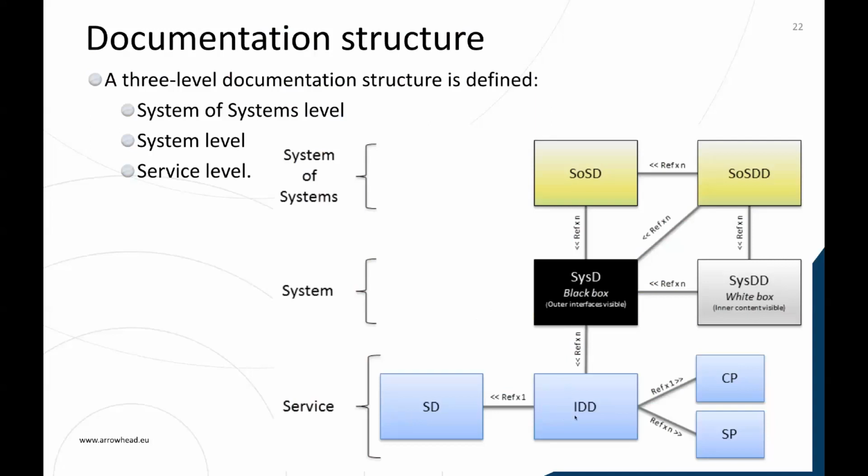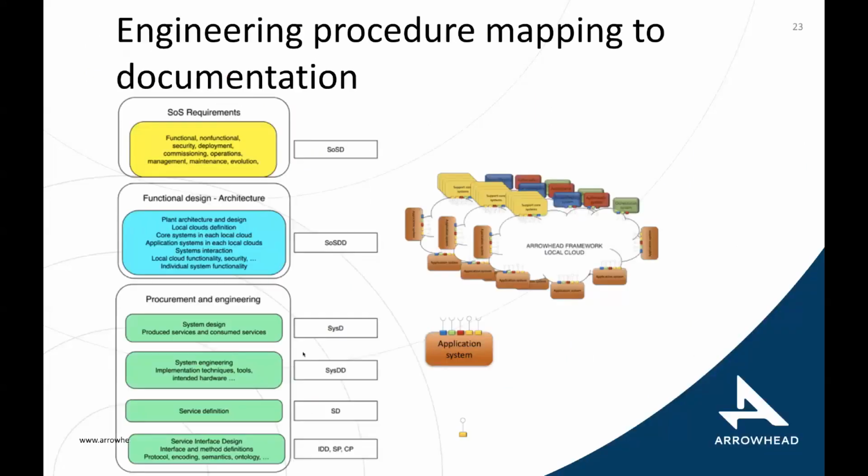And this can then be connected to an engineering procedure in the following way. I took some parts of the engineering process. So this is the requirements, the functional design, the architecture, the actual procurement and engineering, and where we will find the various documents from the Arrowhead Framework documentation structure.